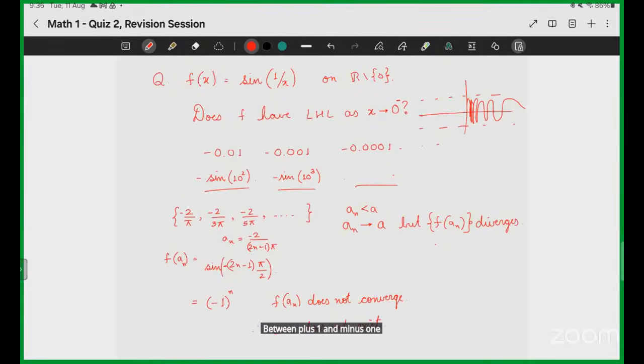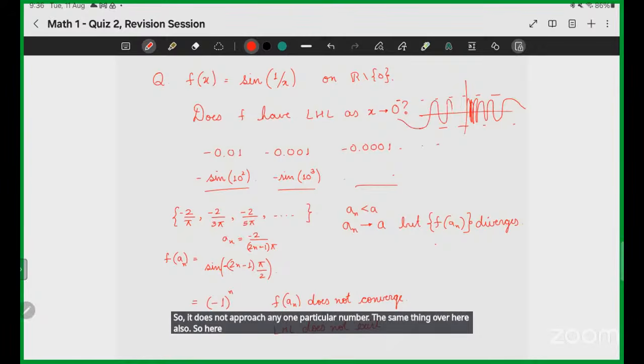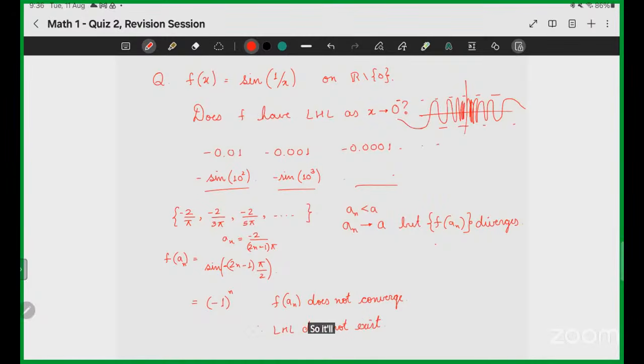So it does not approach any one particular number. The same thing over here also. It will be fluctuating very rapidly on either side as we approach 0. So that limit does not exist.